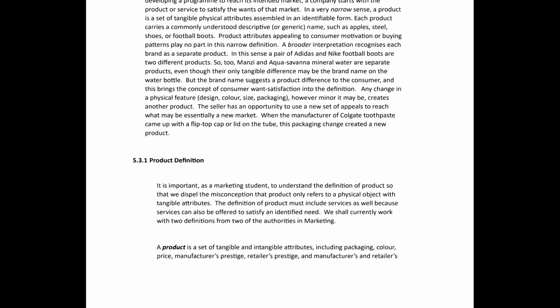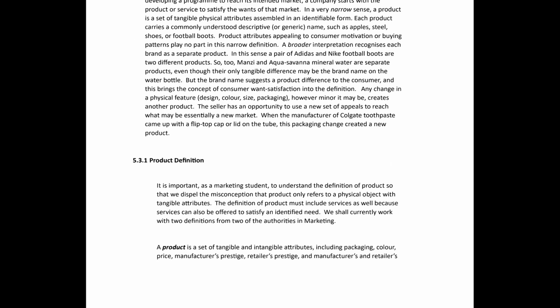Now, by definition, what is a product? Many definitions have been put forward by different authors and researchers. I will read some of them.